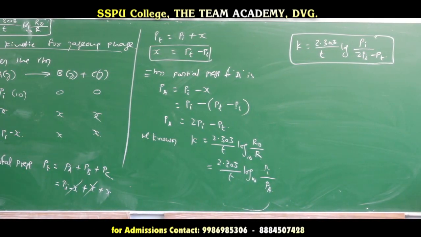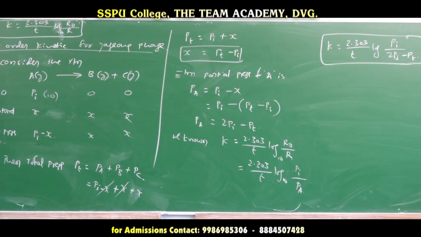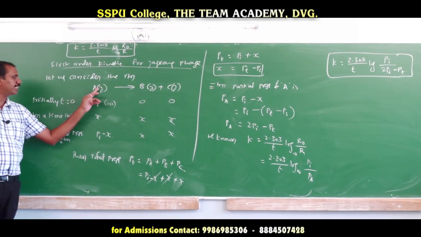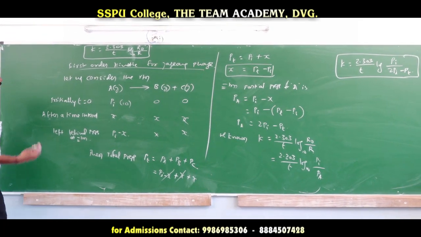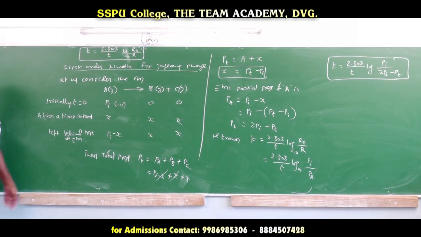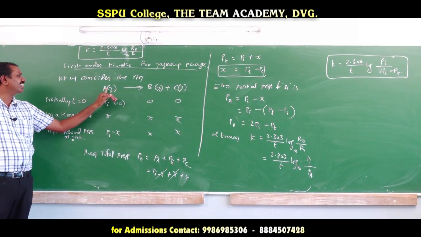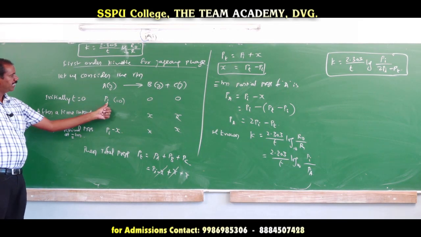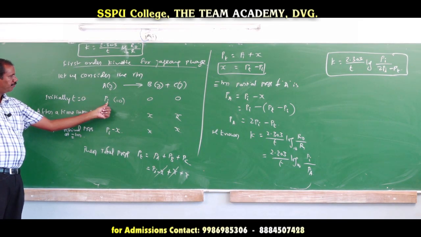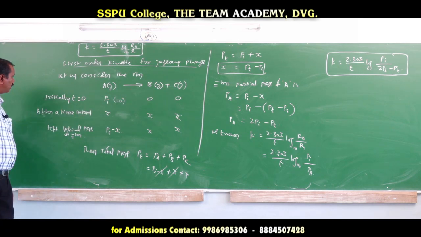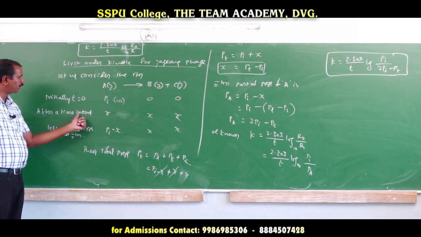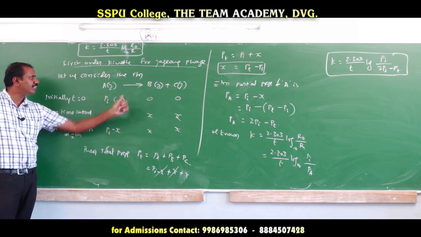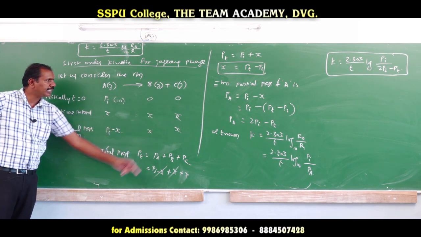This can be applied when the pressure of the reactant is given, meaning it should be applied in the gaseous phase. If the reaction is in the gaseous phase, let us consider the reaction: A gas becomes B gas plus C gas. Initial pressure is Pi, products are 0, 0 initially when time is 0. After a time interval, x atmospheric pressure of gas A has reacted and x of each product is formed.